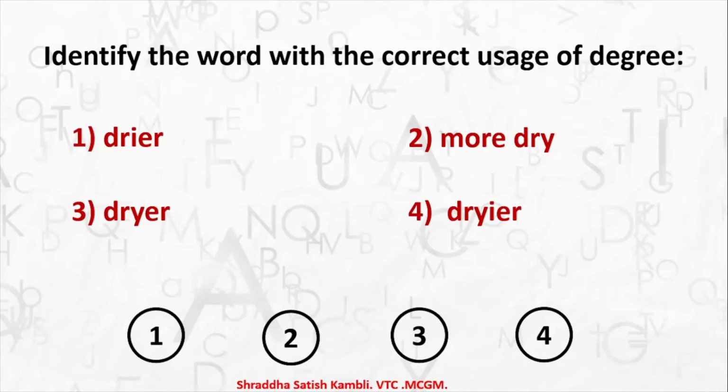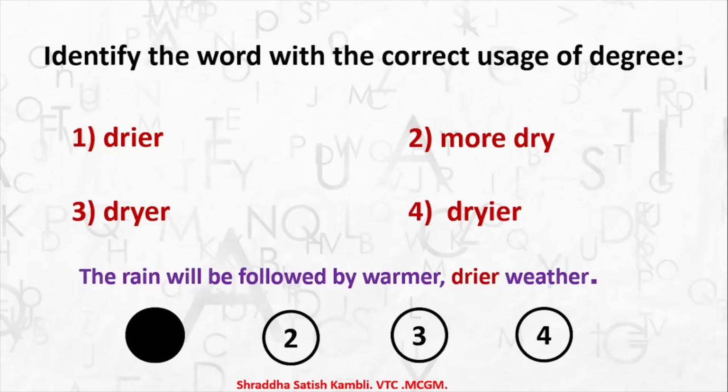It is, yes, option number 1 is the correct answer. Okay, second is wrong, and the third and fourth, the spellings are wrong. So let's take a look at the example sentence that we have. So it is, the rain will be followed by warmer, drier weather. So after the rain goes, then the weather will become warmer and it will become drier. So it is dry now. It is expected to become drier. Okay, just check out the spelling.